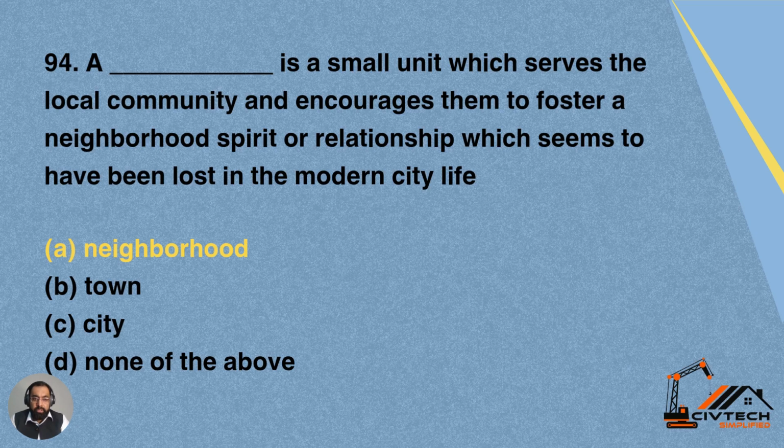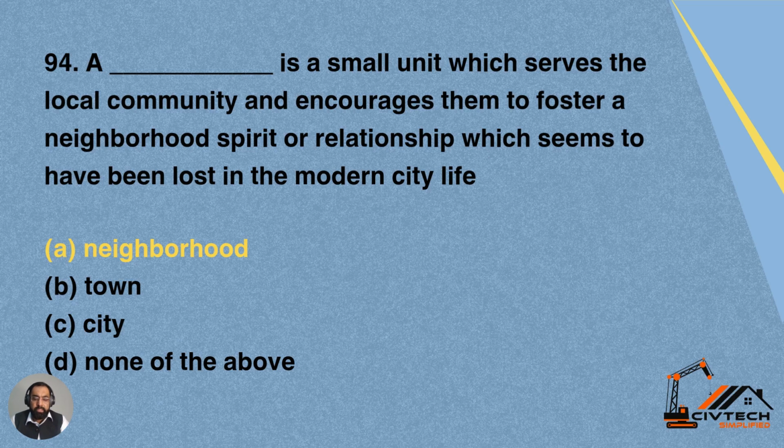So neighborhood, you must have encountered this terminology in the recent past. In the municipal law as well, there are neighborhood councils. So these are basically for semi-urban areas, or areas which are not really a village but a semi-urban type of villages.